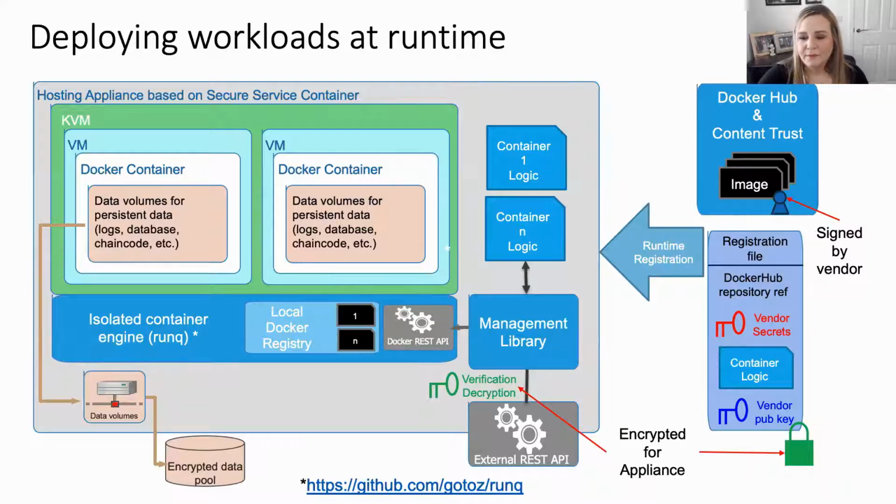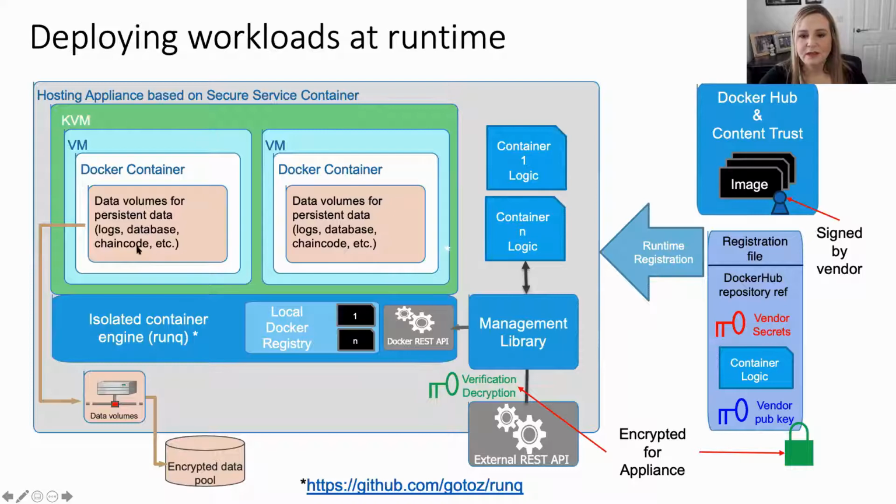And from that, we can use the Docker REST API to look at a local registry. What's going to happen is when we say something like docker run, run this Docker image, instead of using something like runC to start up our container, we're going to use something called runQ. What runQ does is it puts basically a KVM, or a virtual machine, around the actual container.